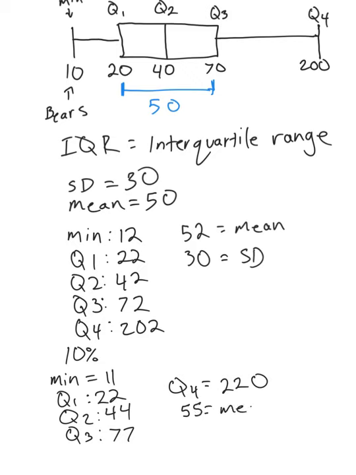And then our standard deviation also grows because it's less on one end and greater on the other end. It also changes by 10%. So we take our standard deviation of 30 times 1.1, and our standard deviation becomes 33.